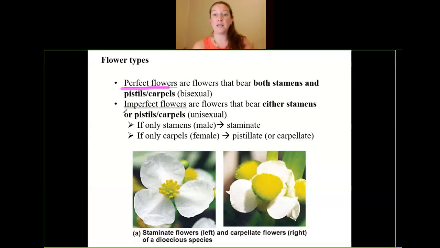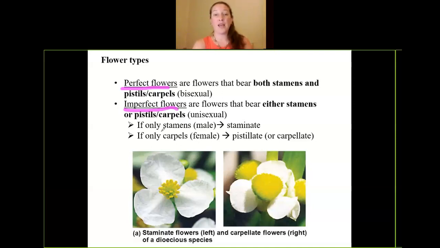If you are missing one of the sex organs, you are what we call imperfect. So don't worry, I know it seems like a lot. But just try to keep it in mind like this. Complete versus incomplete has to do with the number of whorls. Perfect versus imperfect has to do with whether the flower has both sex structures or one or the other.